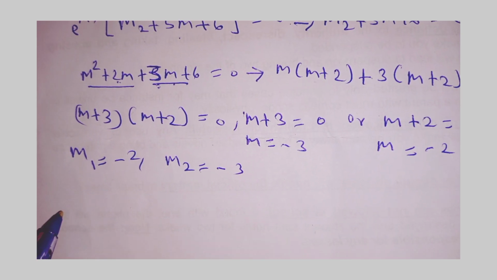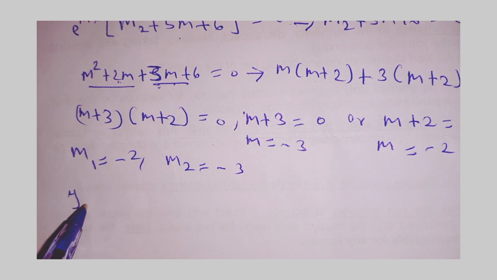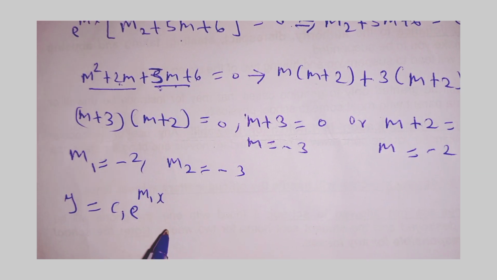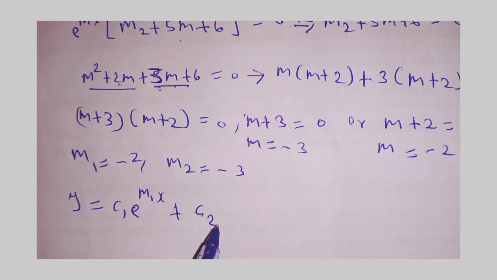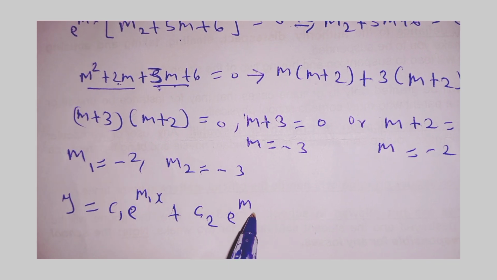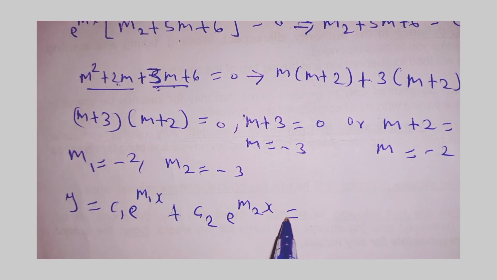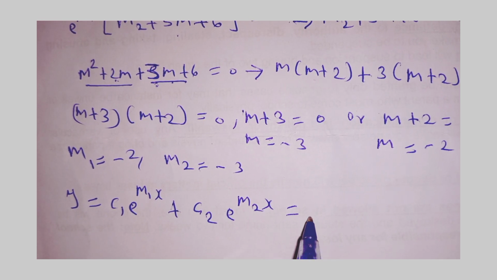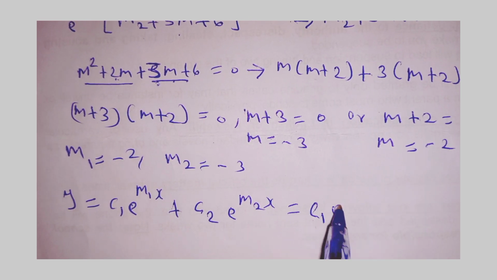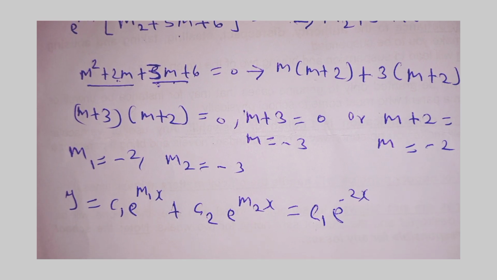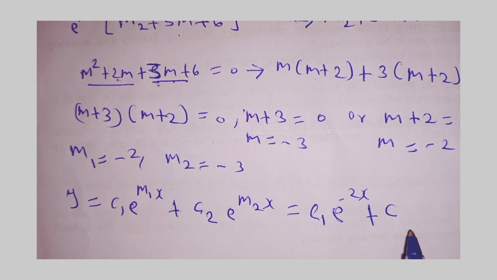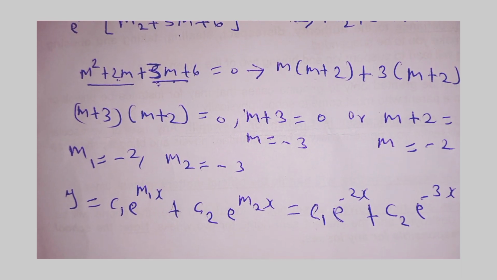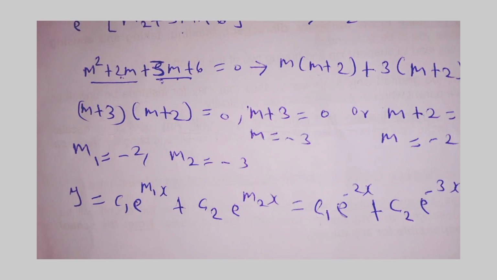Then we come back to our general equation, which was y is equal to c1 exponential m1x plus c2 exponential m2x. We substitute our values as c1 exponential negative 2x plus c2 exponential negative 3x. So this is the general solution of our given ODE.